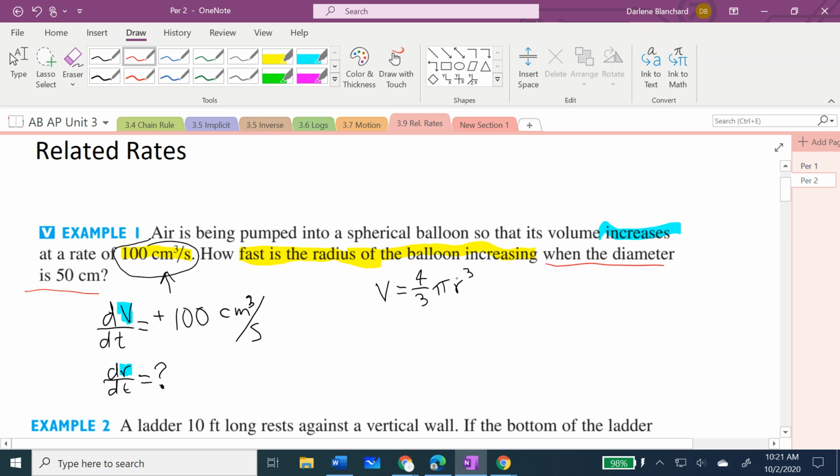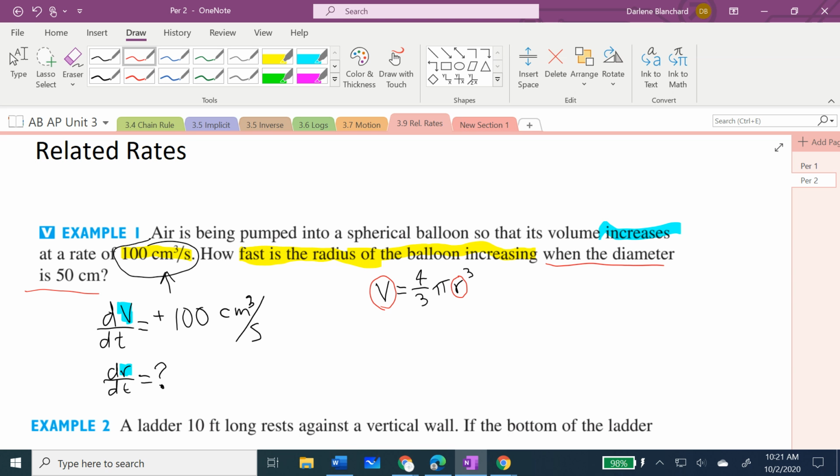So you have a radius of this balloon that will be changing as time progresses, a volume that will be changing as time progresses. If I put in the information that the diameter is 50, so meaning radius is 25, if I plug that in right now, the whole problem is messed up, because I have to first get the rates related to each other before I can put in specific numbers.